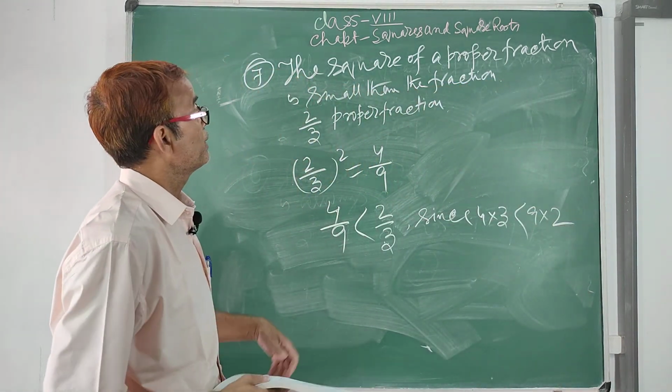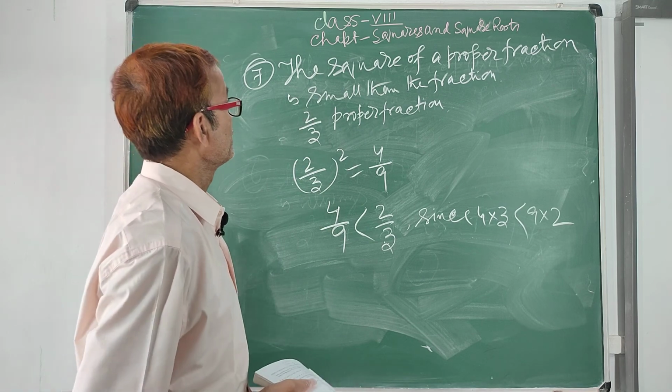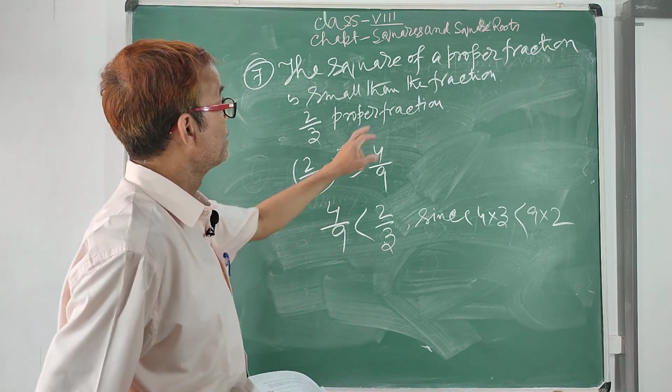So the square of a proper fraction is smaller than the fraction.